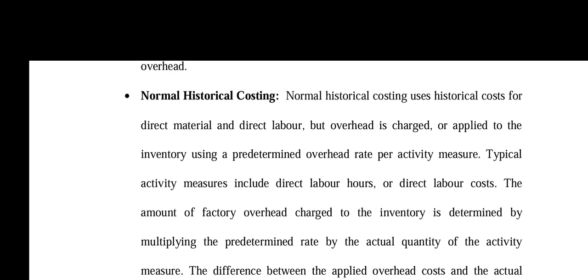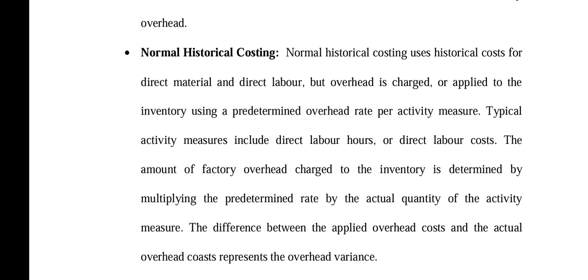So the second one is what? The normal historical costing. The normal historical costing uses historical cost for direct material and direct labor, but overhead is charged or applied to the inventory using a predetermined overhead rate per activity measure.